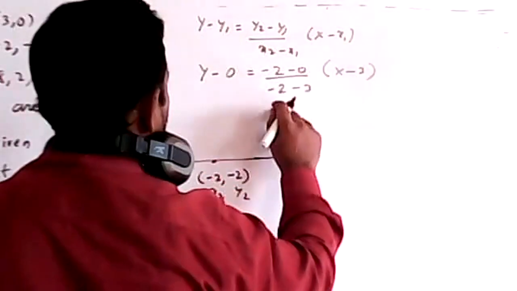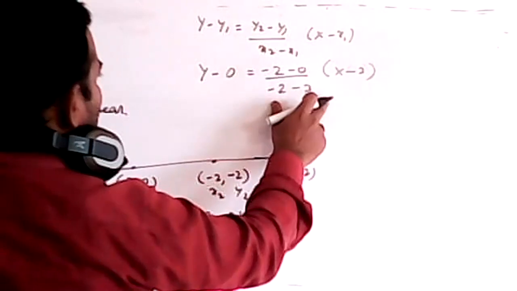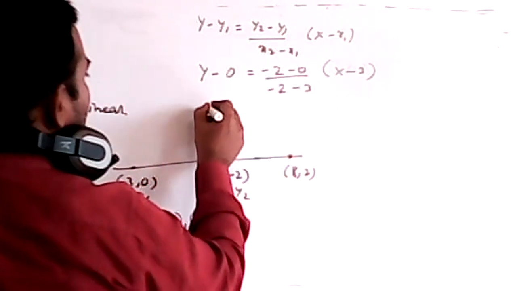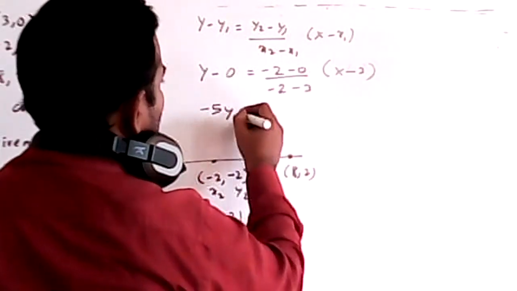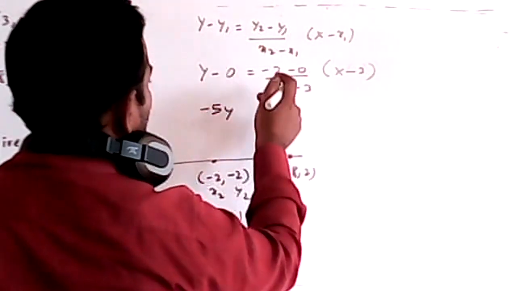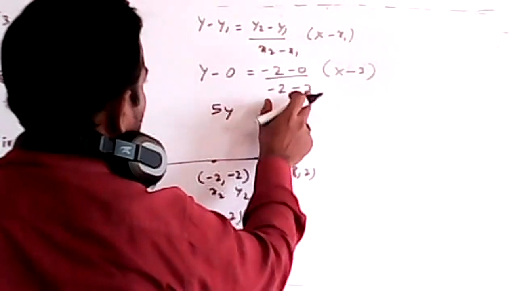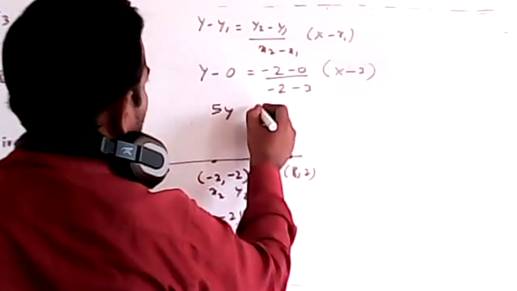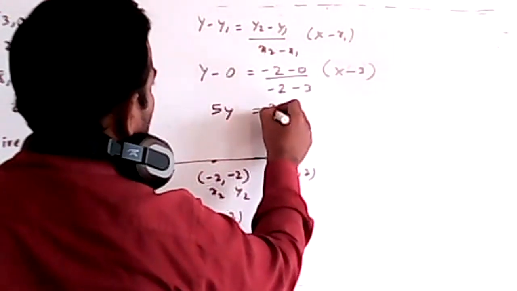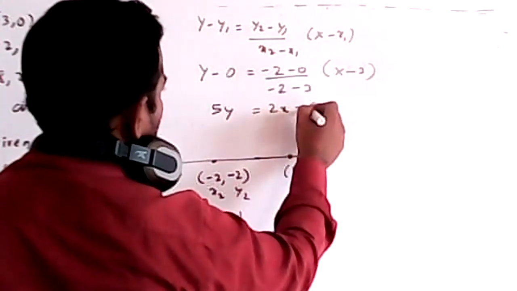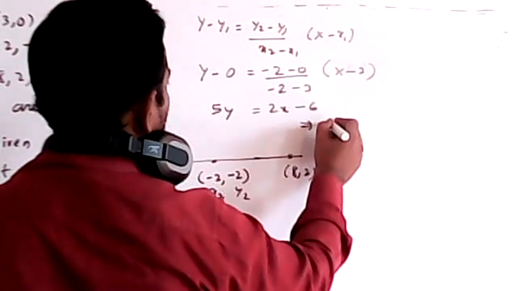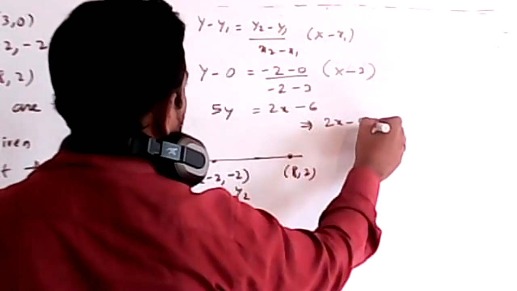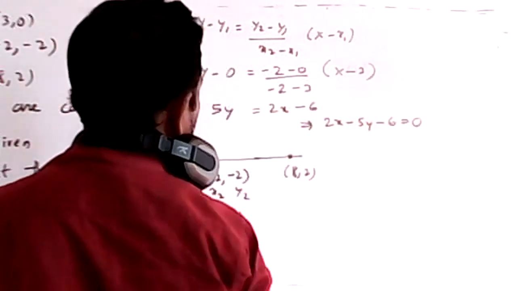Now minus 2 minus 3 means minus 5. Minus 5 times y, or else you can take minus 5 minus 2 means both will be cancelled, it is plus 5 into y. It is plus 2, 2 into x, 2x, 2 into 3, 6. Then transfer this 5y. This implies that 2x minus 5y minus 6 is equal to 0.